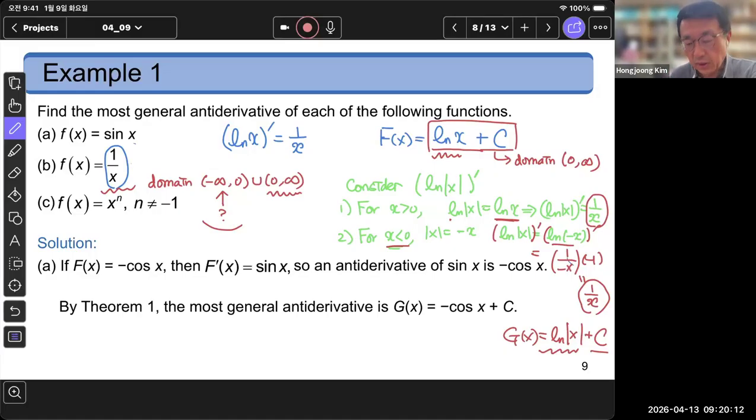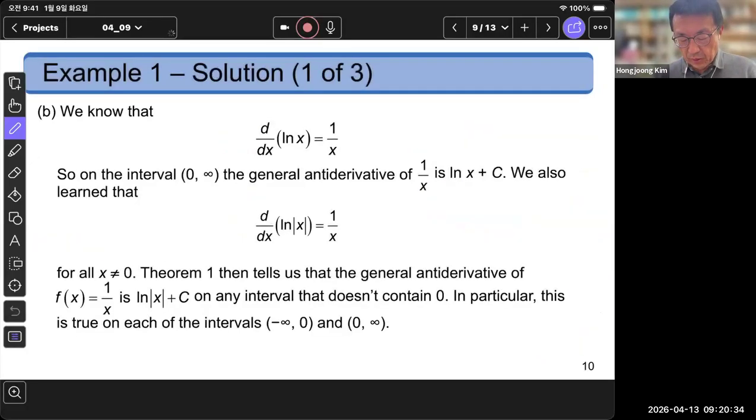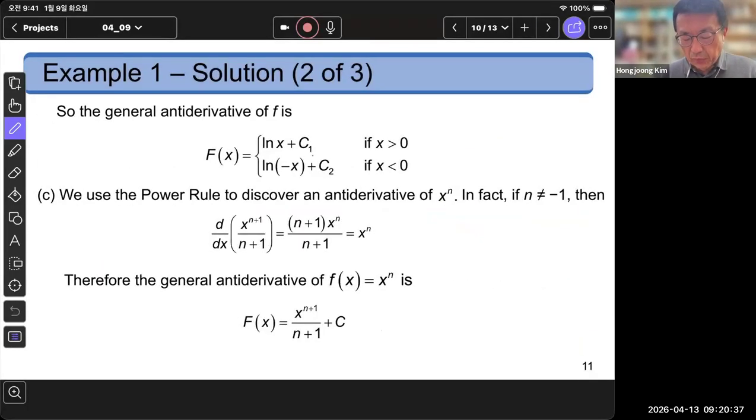And for negative x, I have log of negative x. That is an antiderivative, and I need to add a certain constant to get general antiderivatives. So I have two constants, one constant for positive x and another constant for negative x. This is the correct expression for the answer, the perfect answer.